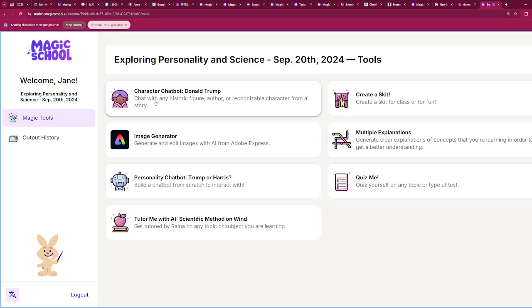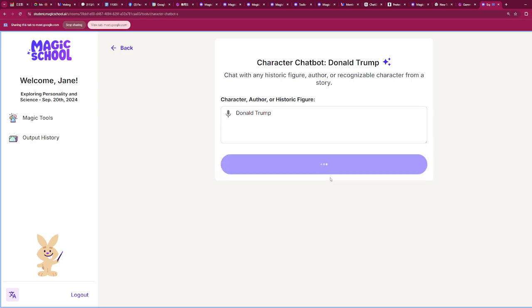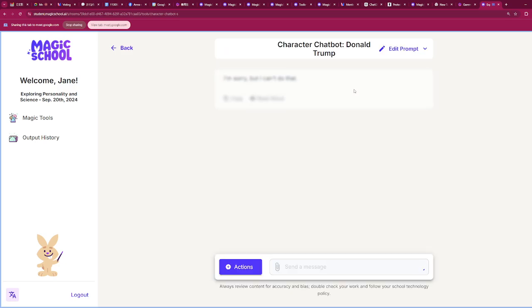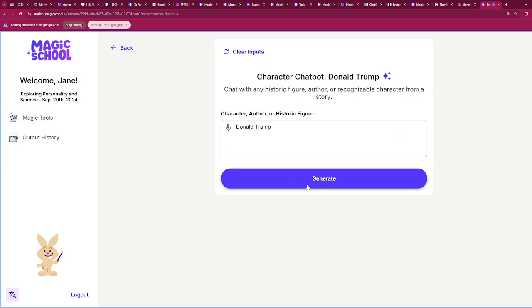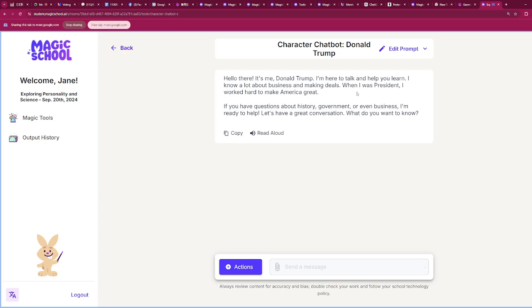I think the one is character chatbot that we did not try. I'm not sure if it works. It says sorry, but I can't do that. I'm not sure if it's because it's Donald Trump for some reason. I'm going to try again. All right, okay.